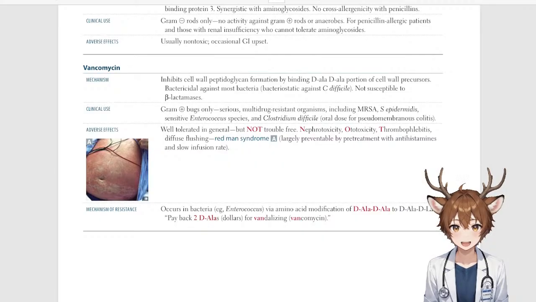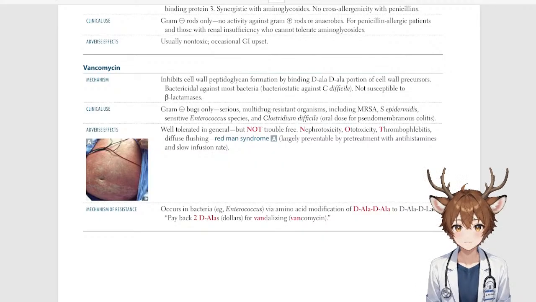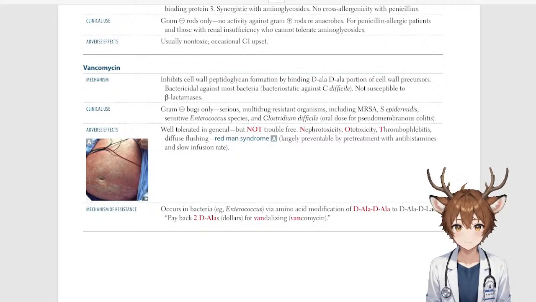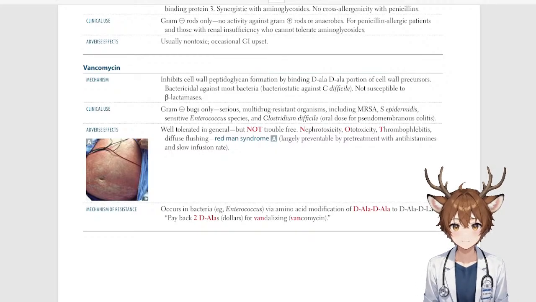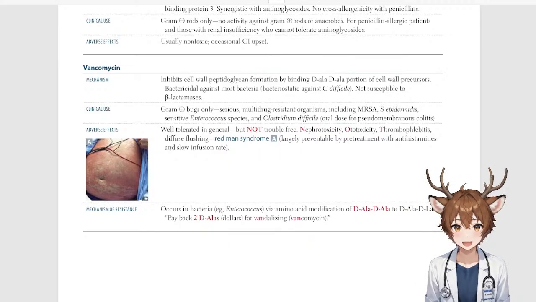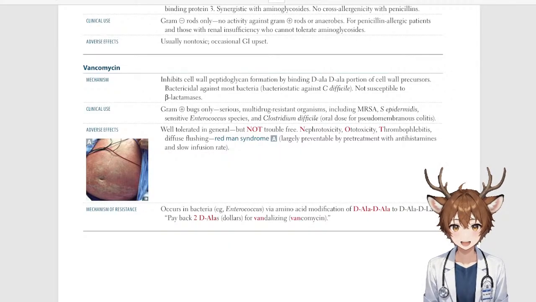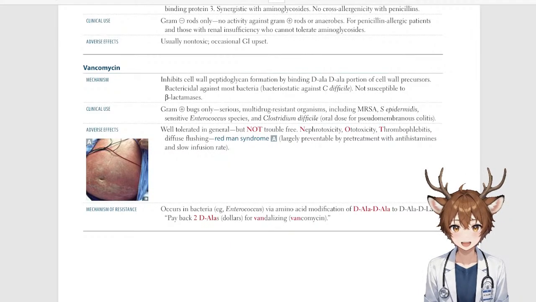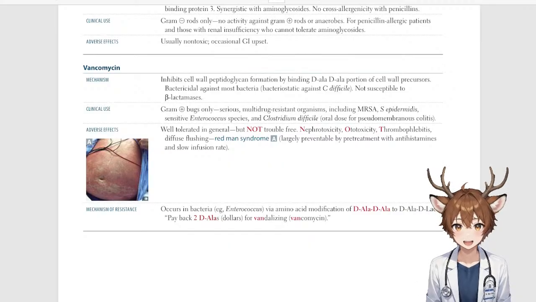The adverse effects? Well tolerated in general, but not trouble-free. Nephrotoxicity, ototoxicity, thrombophlebitis, diffuse flushing, vancomycin infusion reaction, which you can see in picture A. Idiopathic reaction largely preventable by pre-treatment with antihistamines and a slower infusion rate, DRESS syndrome. Mechanism of resistance occurs in bacteria like Enterococcus via amino acid modification of D-ala-D-ala to D-ala-D-lac.